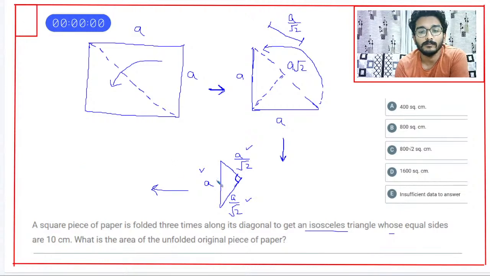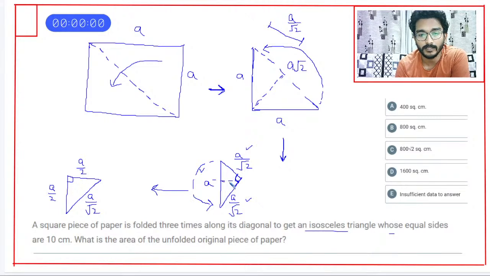So this would be along this thing. So that's a by 2 and a by 2, and that's a by root 2. You're getting this? This is getting unfolded along this axis.